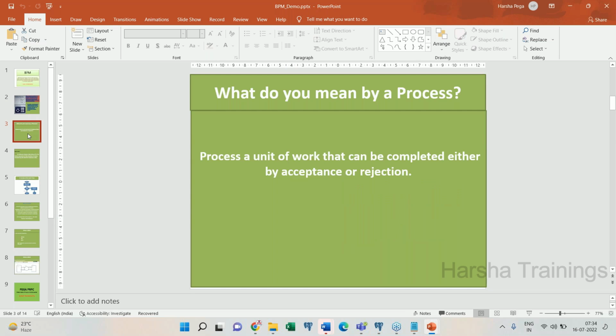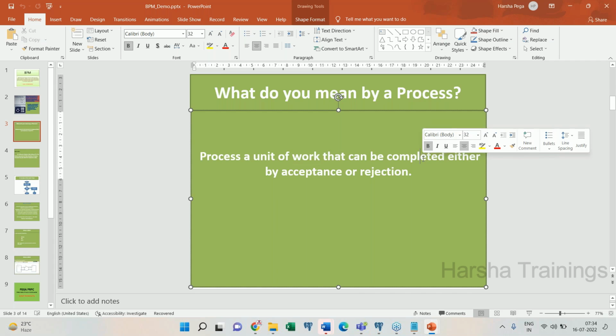I already told you, process is equal to transaction, meaning the work that you perform step by step, all those steps together is the entire work that is called a transaction. So a process is a unit of work that can be completed either by acceptance or rejection.